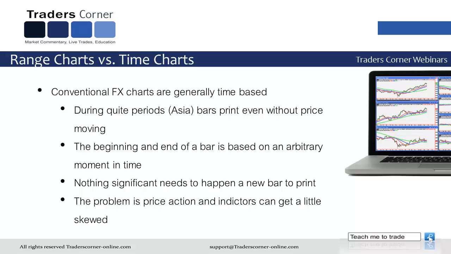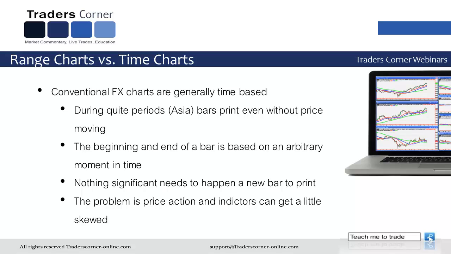And that is what makes the chart start to look untidy, because there hasn't been much difference in price. Nothing's happened in the market, but a new bar's been printed. So you've got all of this noise with no real tradable information on a day trading basis, from my personal perspective. That's really the biggest problem there.